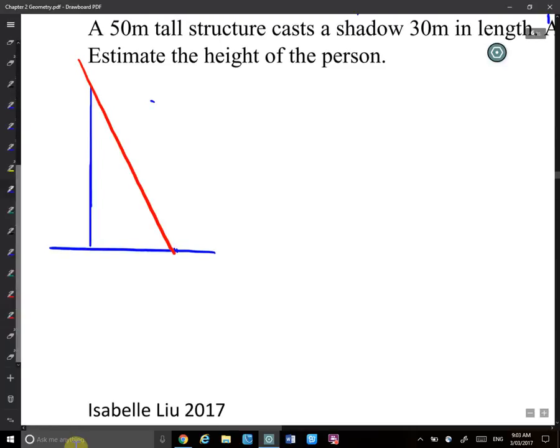So that is 50 meters, and that is 30 meters. Okay, that is 30 meters.